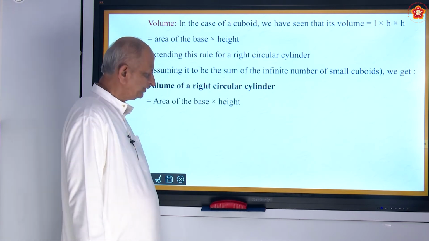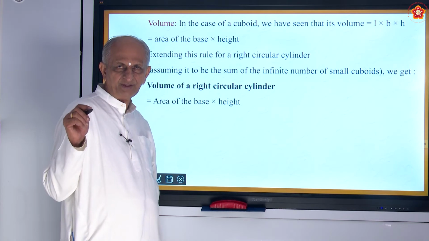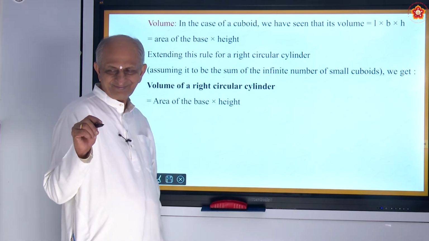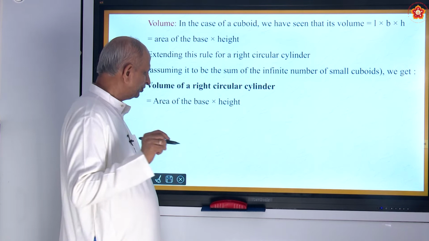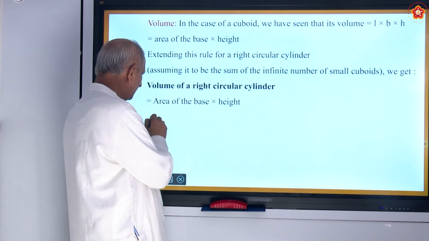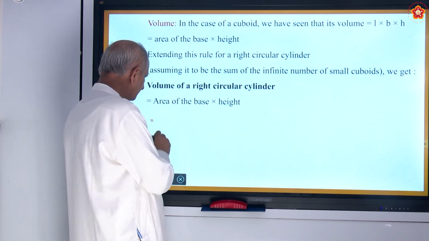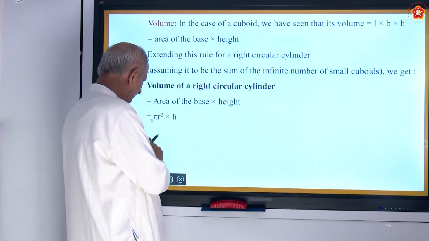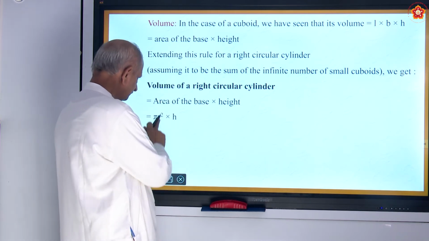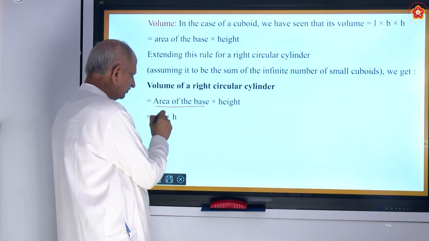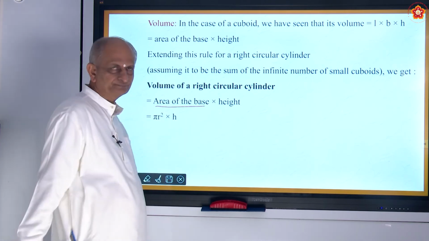So many circles joined together form the cylinder. Correct? So area of the base, because it is a circle, becomes pi r square. Area of the base, pi r square, into height.